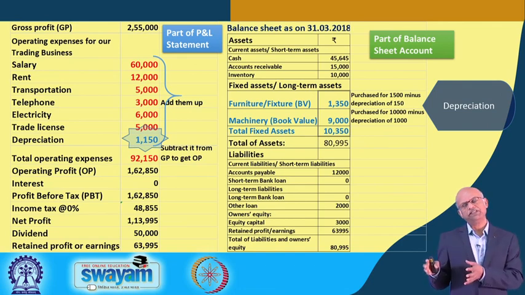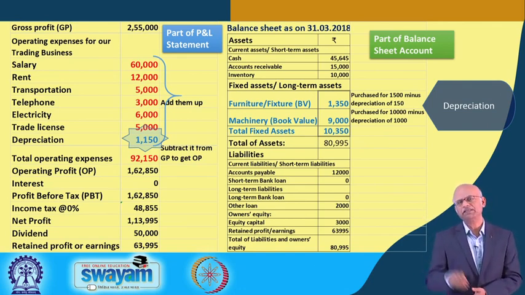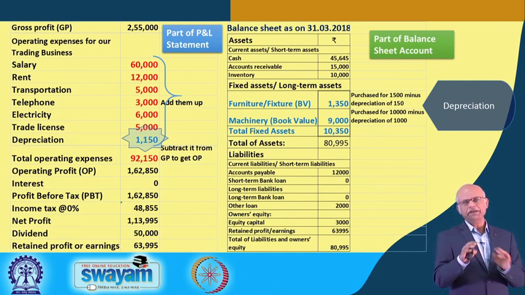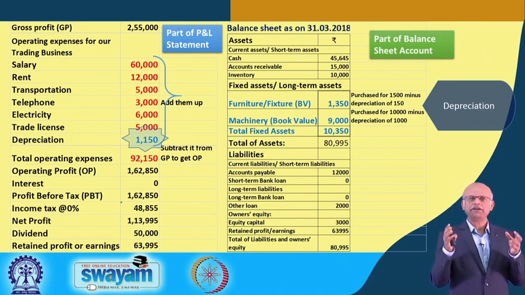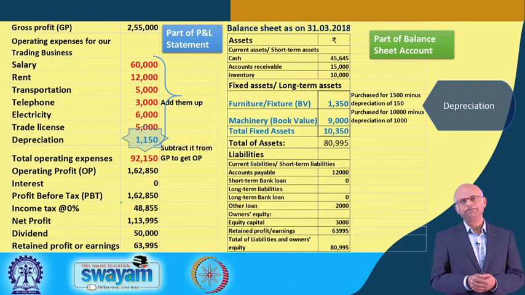So, what about depreciation? The sum total of all the depreciation that you allocate for all the assets during a particular year comes here as depreciation expense, and then you make a sum total of all such expenses to arrive at operating expense, and you deduct that from gross profit to get operating profit.